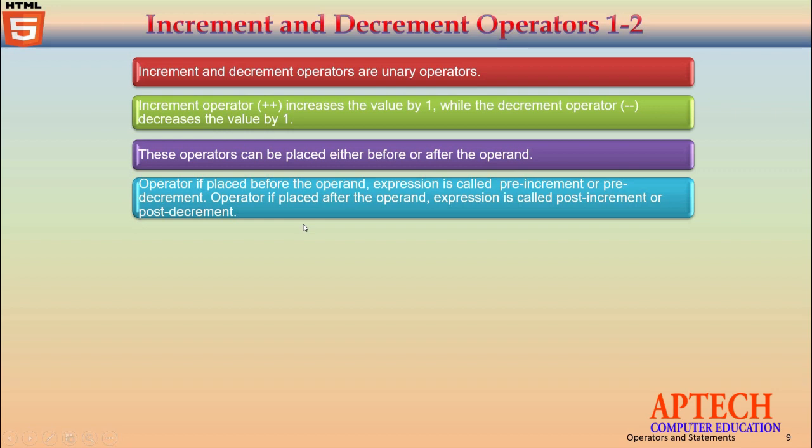For example, if you write plus plus x, you can see the operator is before x, which means it is a pre-increment. If you write minus minus x, it's called a pre-decrement. If you place it after the operand, for example x plus plus or x minus minus, that is a post-increment or post-decrement.